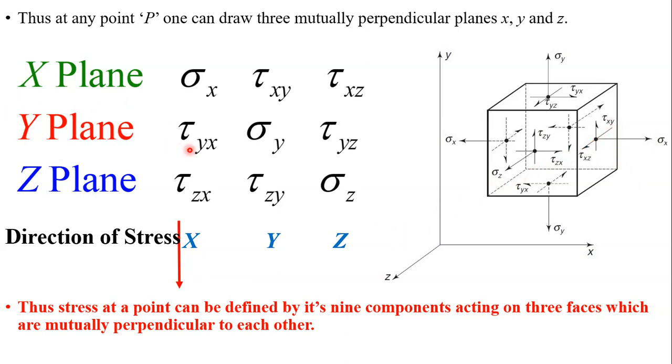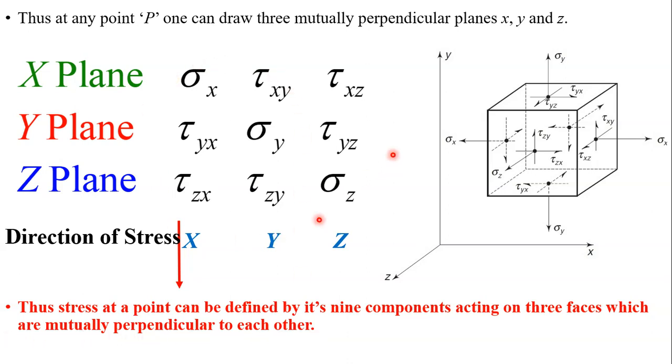Similarly, on y plane there are three components, sigma y, tau yx and tau yz. Similarly, on z plane there are three components, sigma z, tau zx and tau zy. Thus, there are 9 components. Stress at a point can be defined by its 9 components acting on 3 faces which are mutually perpendicular to each other.